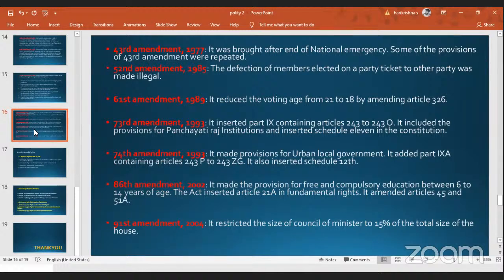Free and compulsory education should be given to them. It also amends articles 45 and 51A. The 91st amendment restricts the size of the council of ministers depending on the house, to 15%.